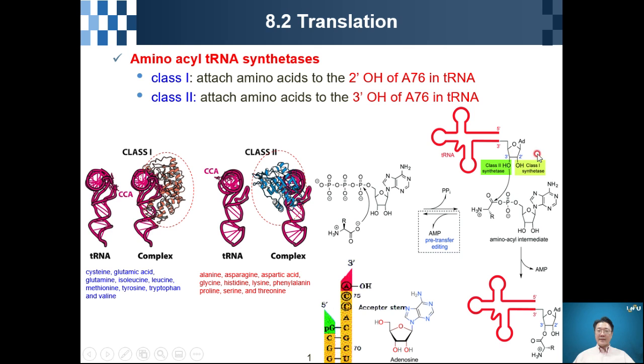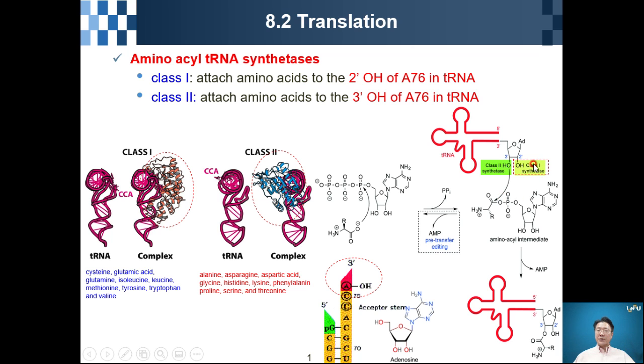They have an OH at the 2' location, and an OH at the 3' location as well. So class 1 amino acyl tRNA synthetase attaches the amino acid to the 2' OH of adenosine in the tRNA, especially here.